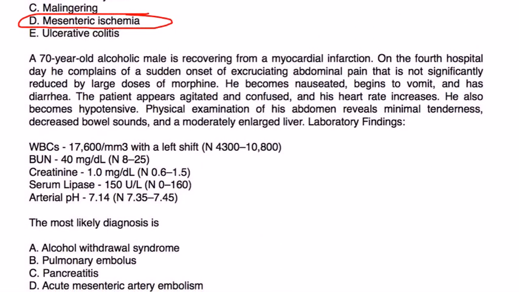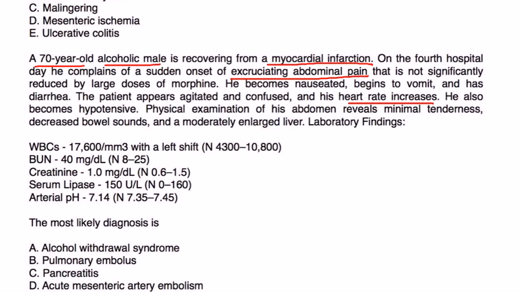And then finally, the last one. A 70-year-old alcoholic male is recovering from a myocardial infarction. On the 4th hospital day, he complains of sudden onset of excruciating abdominal pain that is not significantly reduced by large doses of morphine. He becomes nauseated and begins to vomit and has diarrhea. Patient appears agitated and confused, and his heart rate increases.